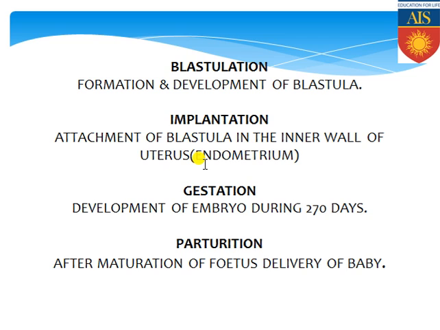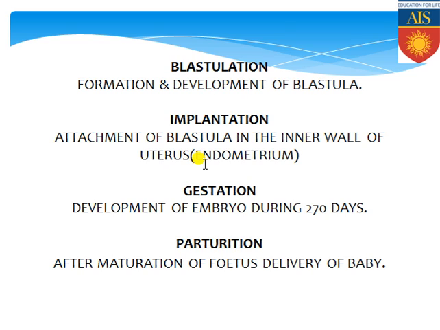After gestation, the maturation of the fetus takes place, which is responsible for the delivery of the baby. When the delivery of the baby or fetus takes place, that is commonly known as parturition.